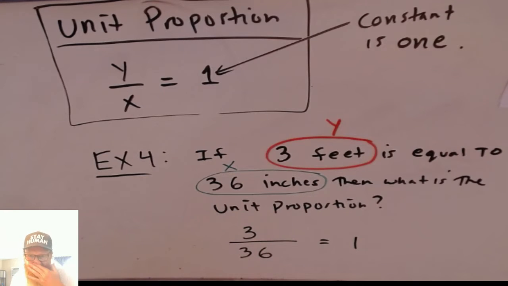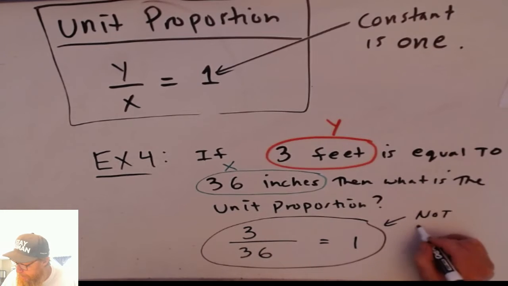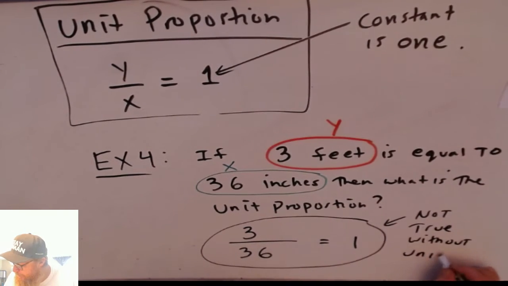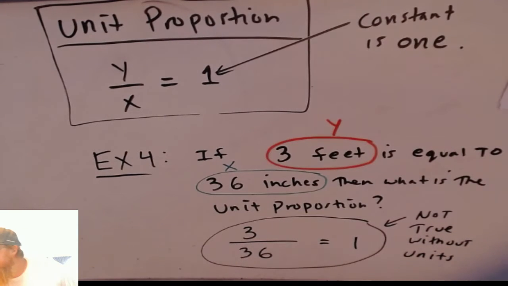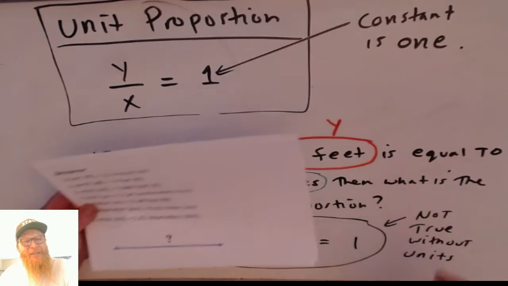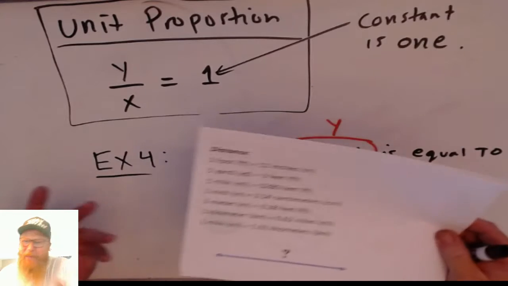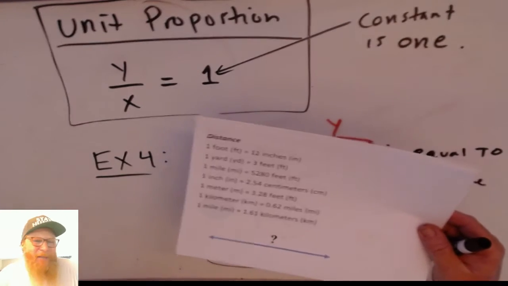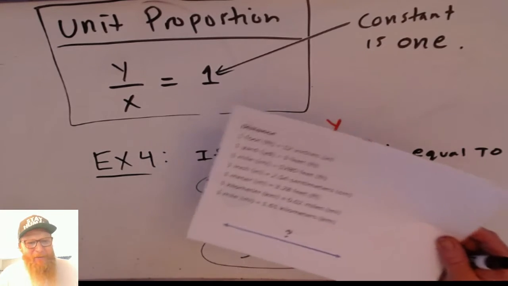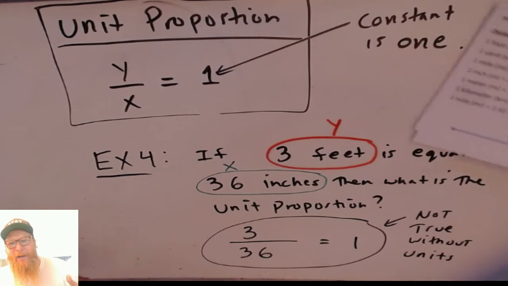But this is not true without the units, which is the whole reason why I've given you this list of the different units, so that you can not only understand them, maybe hopefully memorize them, maybe not all of them, but some of the important ones that you might be using in life and in your future education, not just in math, but in other subjects as well.